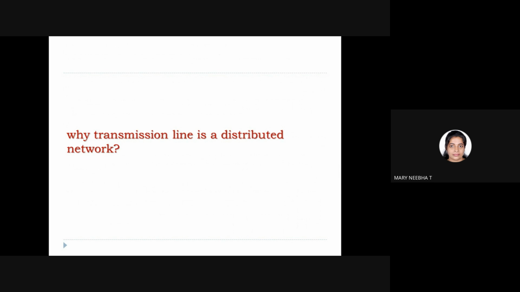Since it has all these passive components, we call this type of network a distributed network. So a transmission line is the best example of a distributed network. Thank you.